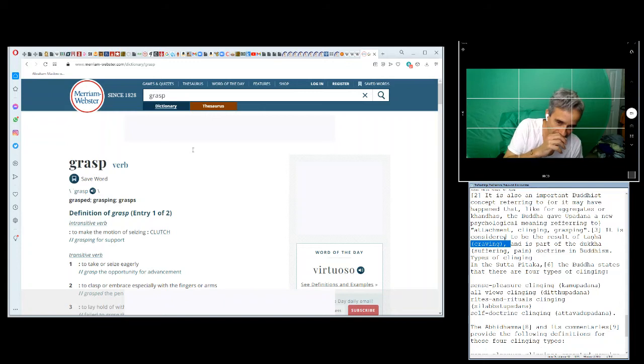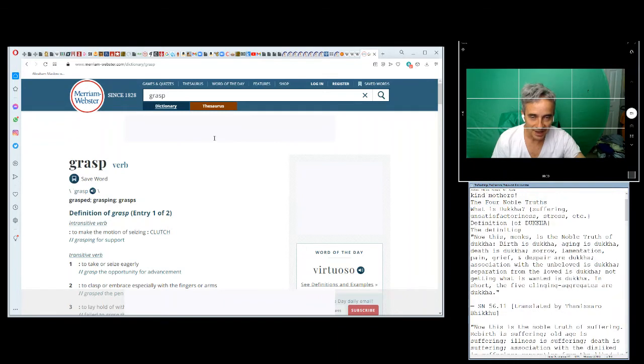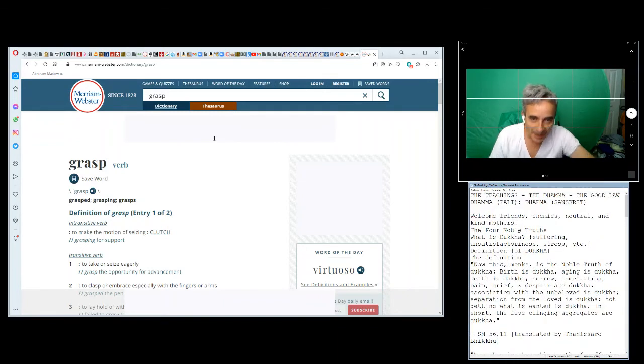And we learned that upadana, that's the Sanskrit and Pali word for what the Buddha would use to mean clinging or grasping or attachment. And the Buddha talks about 4 types of clinging, and the Abhidharma is where they are explained in greater detail.